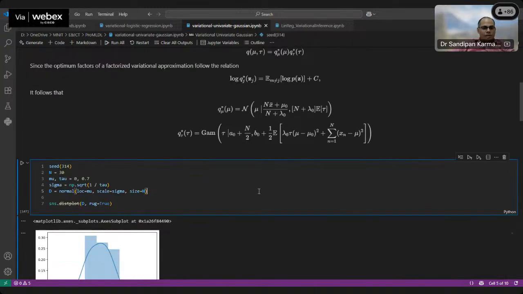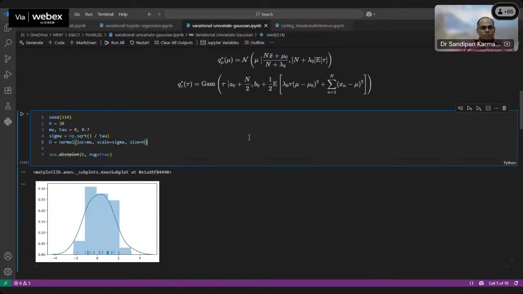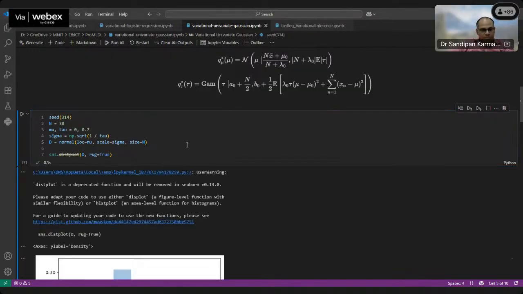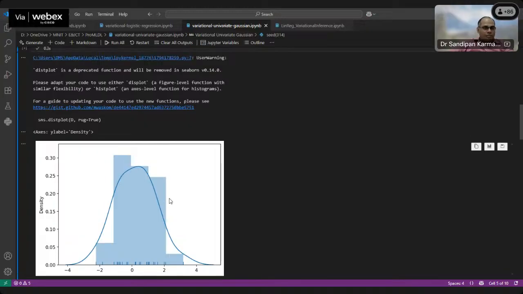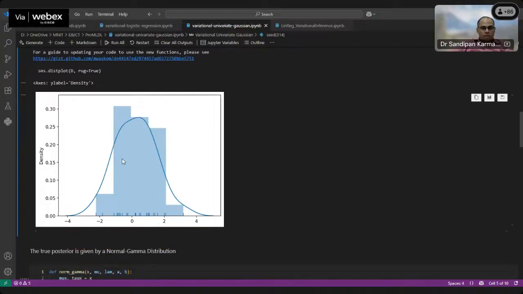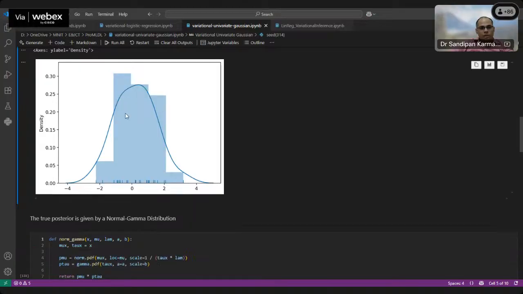These are the expressions. Now I am basically creating the data set. Okay, the data set is created. It is quite normal, but not very good, because you can see the peak is not that good.